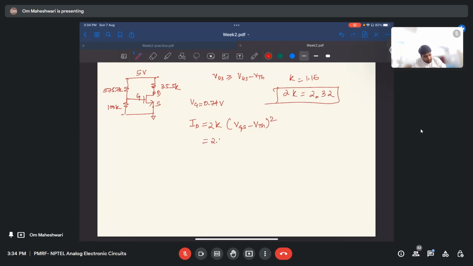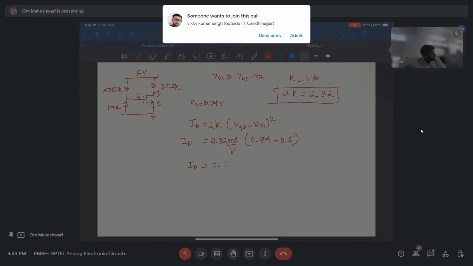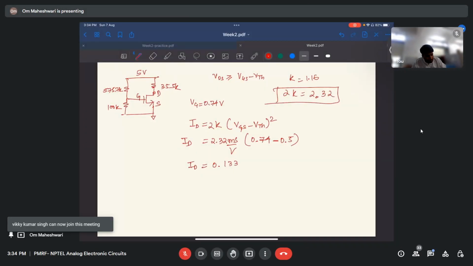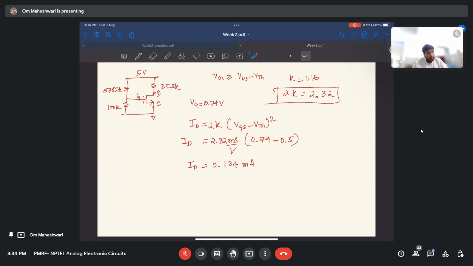It will be 2.32 millisiemens per volt, VG is 0.74 and VS is 0, minus VTH is 0.5. So this will give me ID. When we solve this, we will get ID equals 0.134 milliamperes.